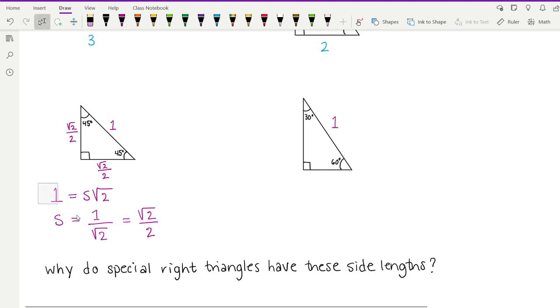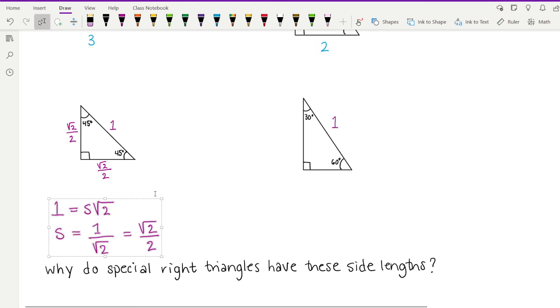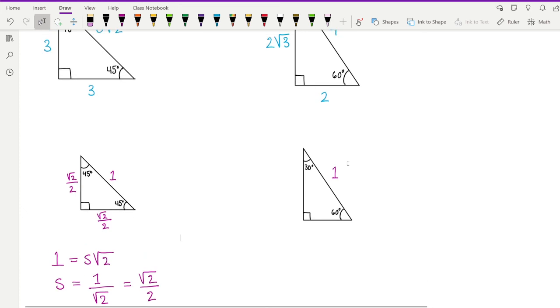Maybe I'm just going to scooch this down a little bit because I want to circle these two examples before we move on. Okay, so let's do this next one. So again, we're now working in a situation where we know the hypotenuse is 1 and we're trying to figure out what these two missing sides are.